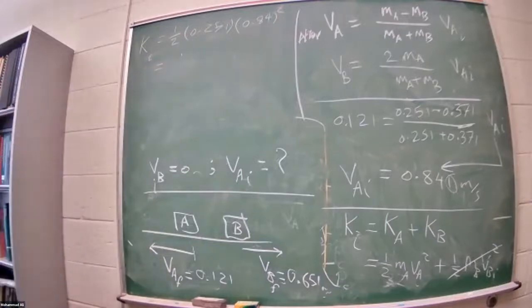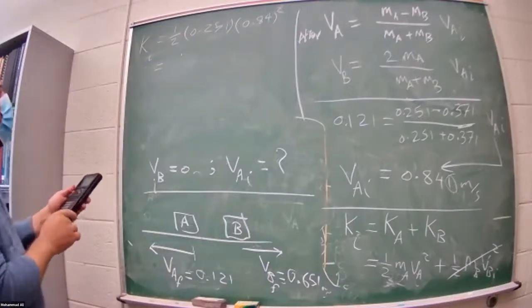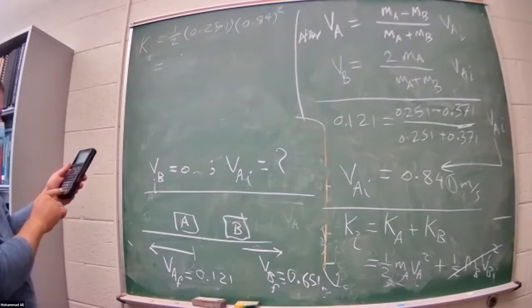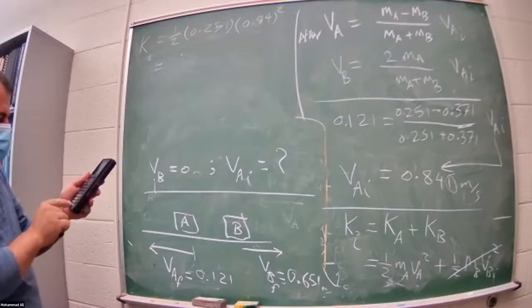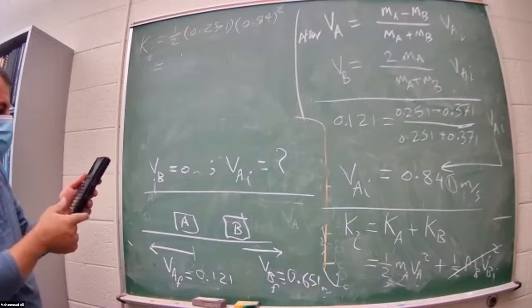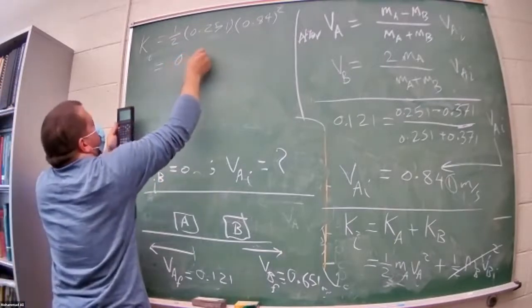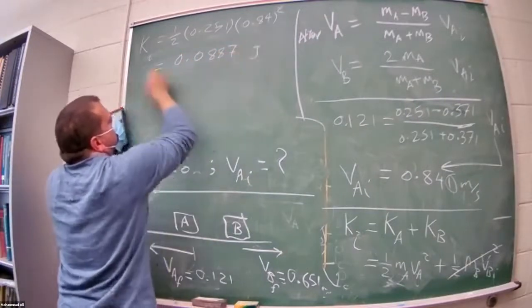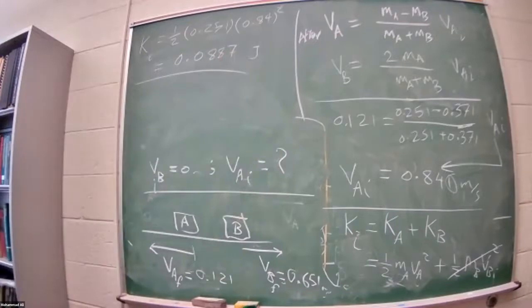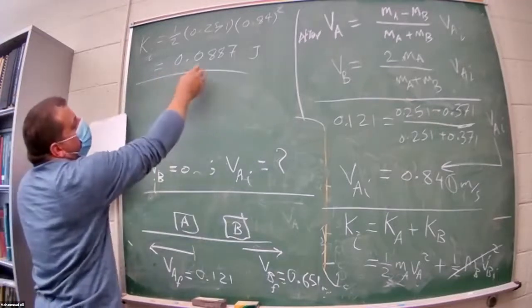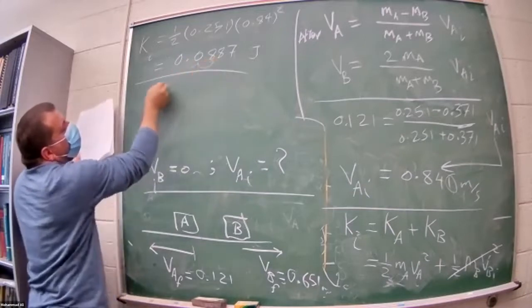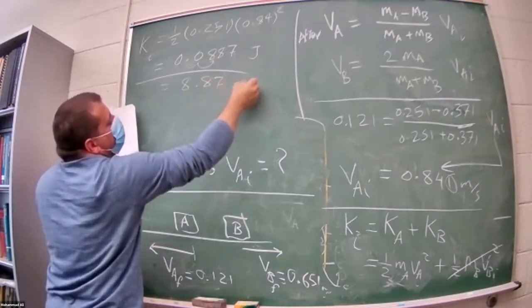It is 0.0887 joules. If we move this decimal point, it will be 8.87 multiplied by 10 to the minus 2 joules.